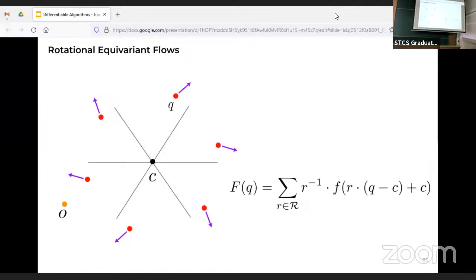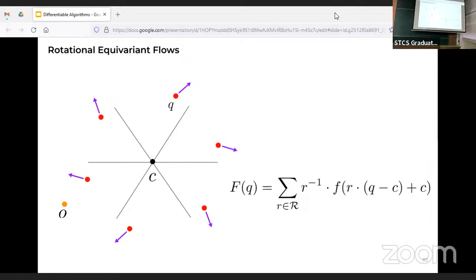Let's say we have k-fold rotation. Capital R is all the rotation operations, the rotation group. Let's say there are 6 rotation elements here. Given a query point Q, with this origin as the center of rotation, we rotate it around this center, compute the flow there, and then inverse rotate the flow.